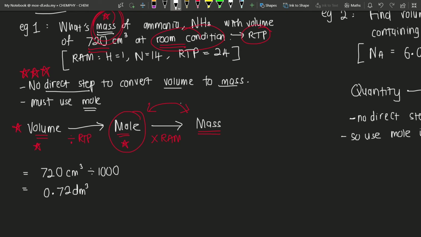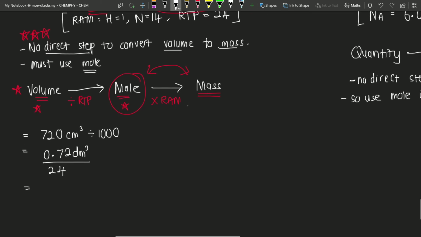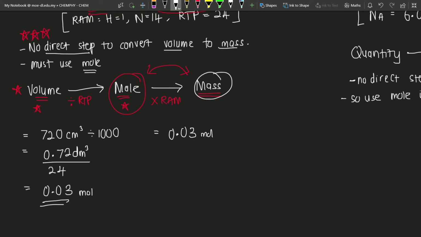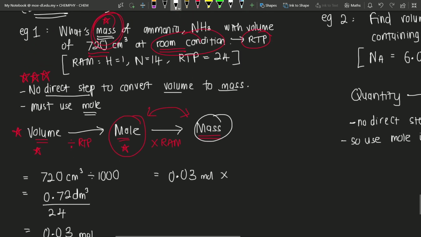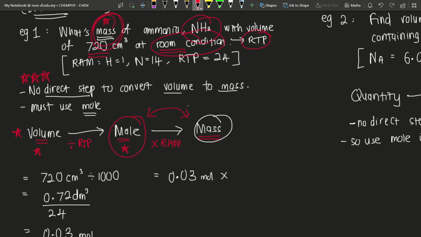To convert to mole, you guys will divide by your RTP, 24. So actually, you guys will get 0.03 mole. This is your mole, so unit is mol. So from this mole, you guys want to find our mass. So you guys will multiply: 0.03 mole, multiply your RAM of ammonia, NH3.